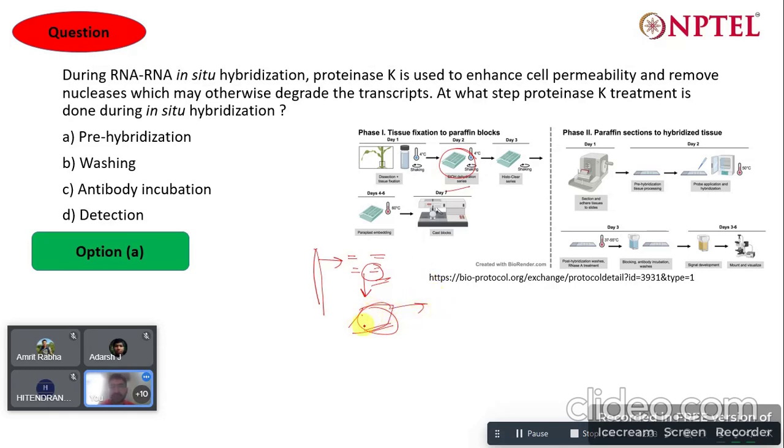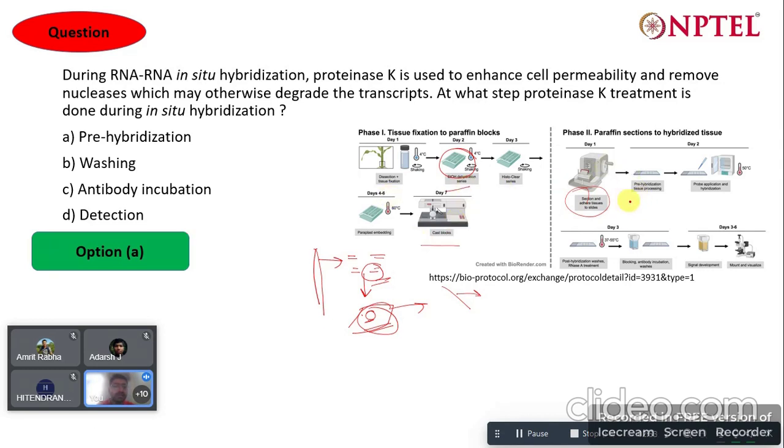We cannot stain anything out of the whole mount or the whole part of the tissue, so we generally take sections and place them into a cryotome or a microtome, which gives us very thin sections from which we can visualize the proteins as well as the RNAs.